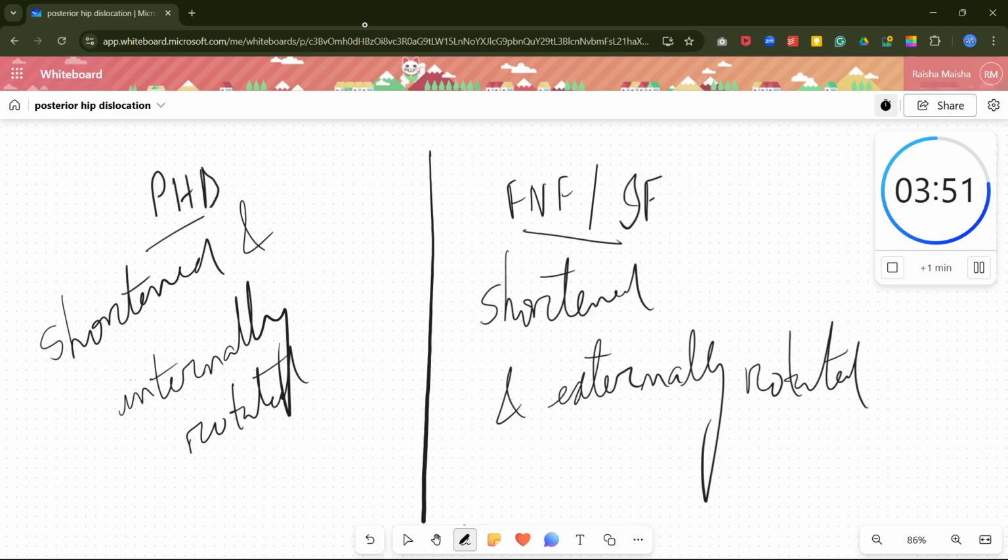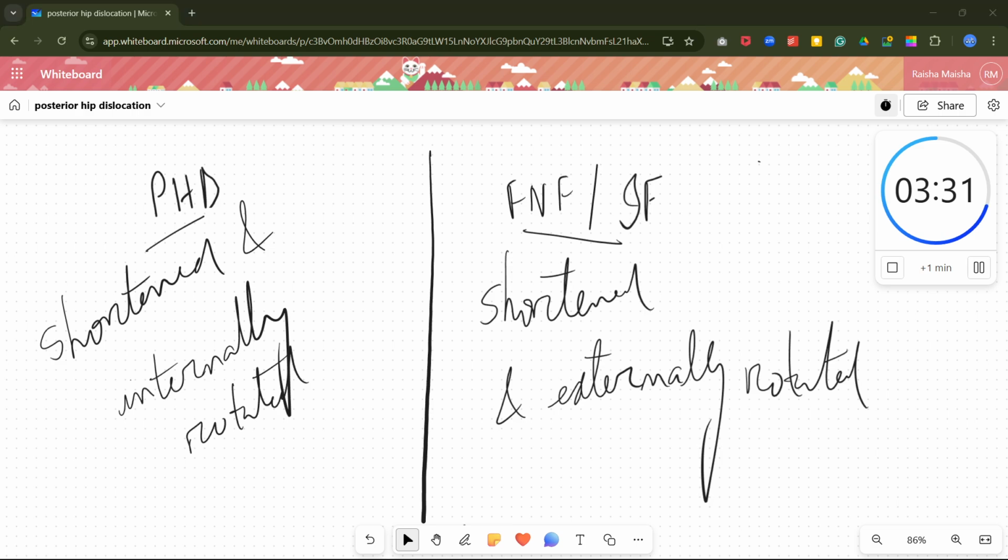So in femoral neck fracture, there is external rotation, but in posterior hip dislocation, there is internal rotation.